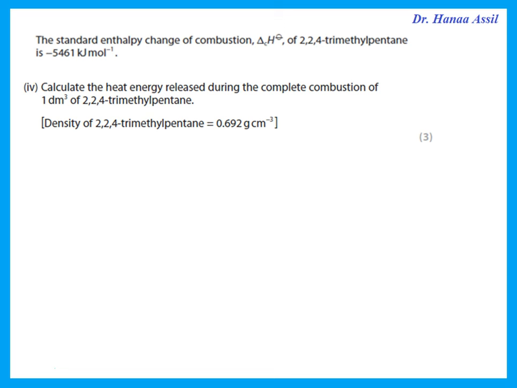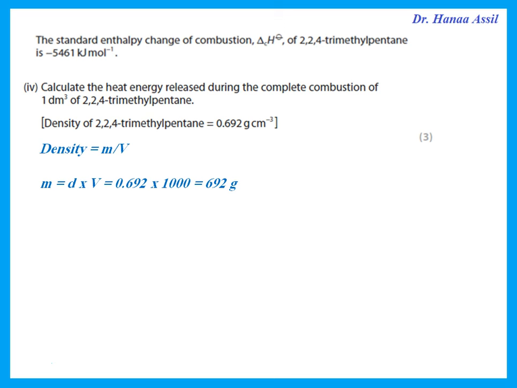So I want to determine the number of moles first. Now, how do I determine the number of moles? He's giving me a volume of a liquid. You know that density is mass over volume, so I can use that to get the mass. Mass is the density times the volume, which is 1 decimeter cubed.